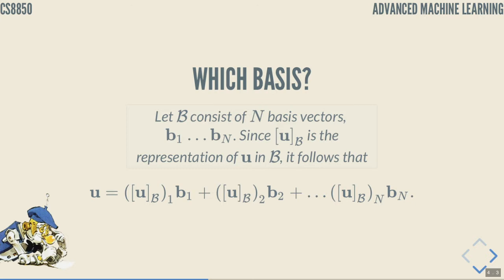Since U sub B is the representation of U in B, it follows that U is a weighted sum of the basis vectors in B, and they're weighted by the components of U sub B.